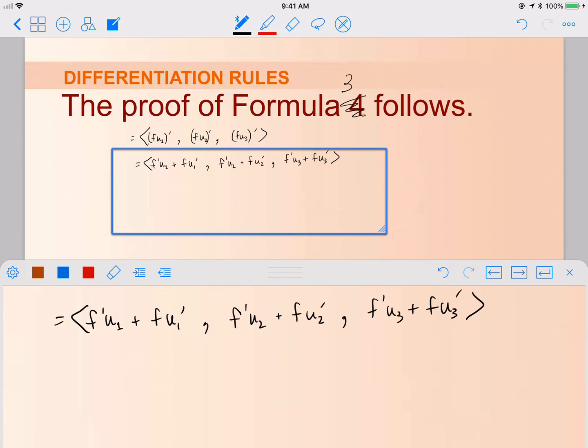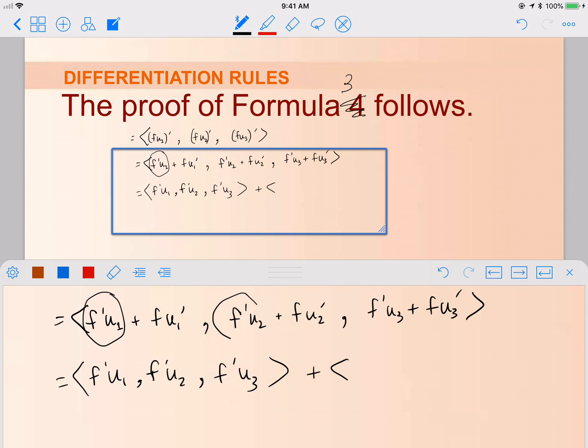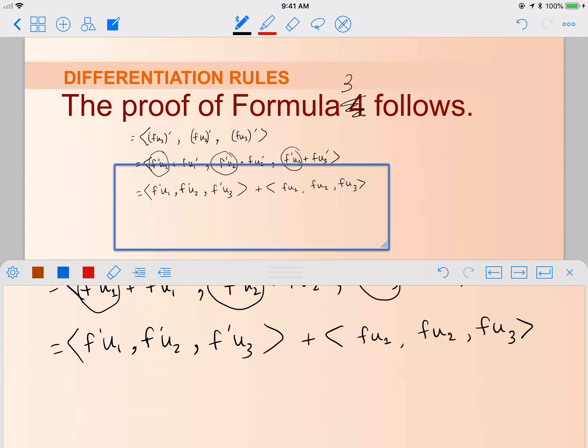Now we can take these and split them up into (f' u1, f' u2, f' u3) plus, so I did that one, that one, that one. What's left over? f u1', f u2', f u3'. Okay?